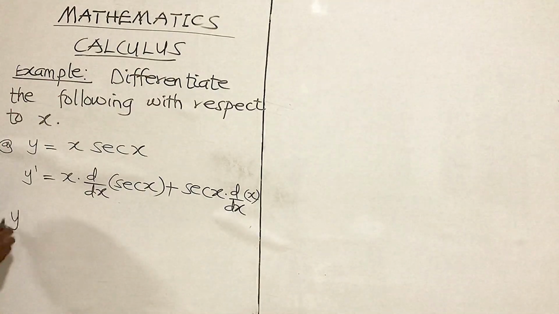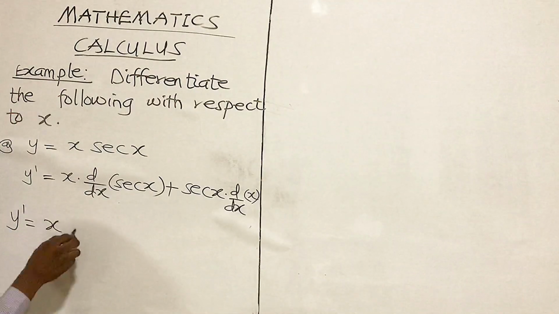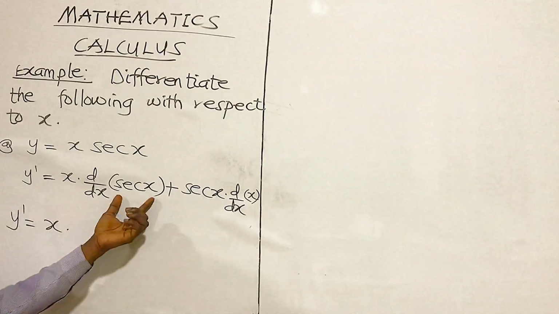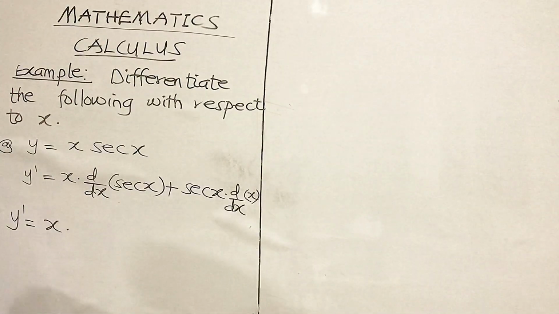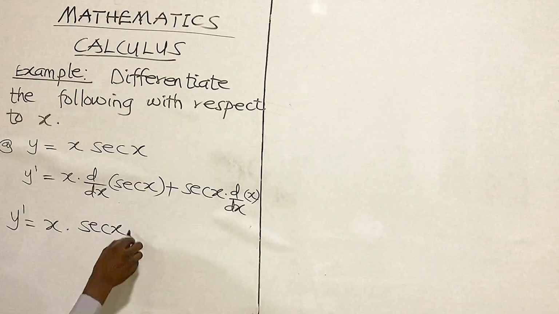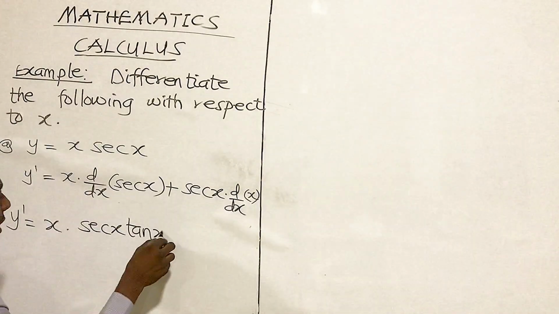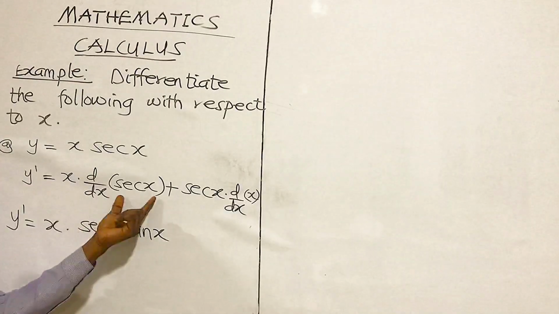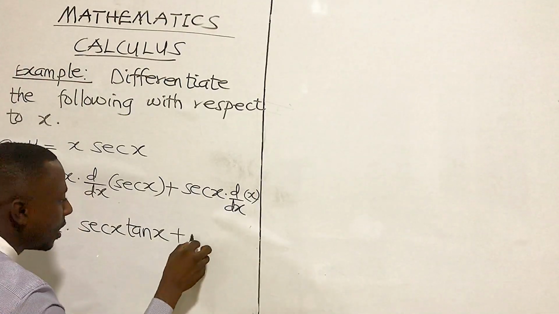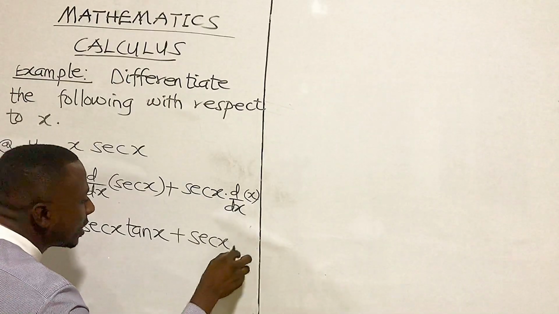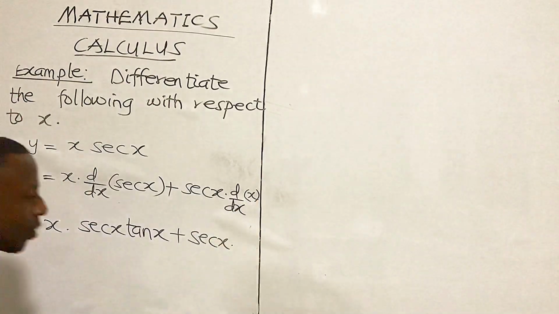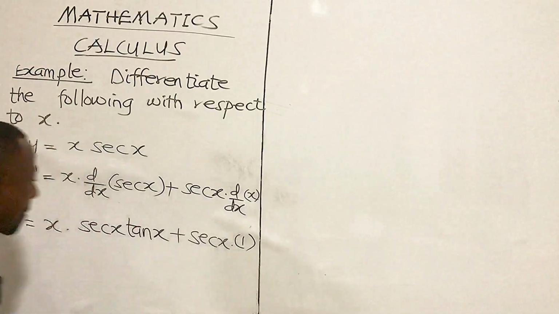So now we have y prime equal to x times, when we differentiate sec x, we get sec x tan x, plus sec x multiplying, and when we differentiate x, we get 1.